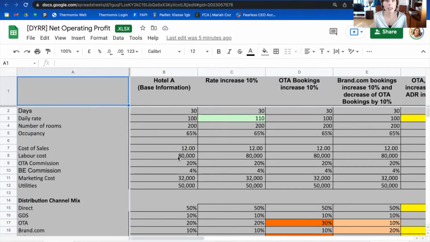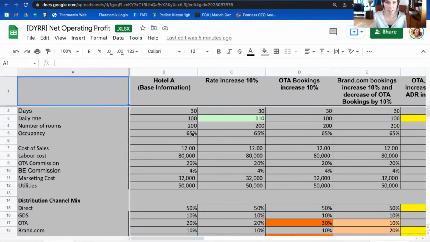We have our salaries, our labor costs, so it's 80,000. We are paying a commission, 20% to the OTAs, and to the booking engine we pay 4%. We have some marketing costs, 32,000, and we have some utilities, energy, water, what you actually need to operate the hotel. So it's 50,000.